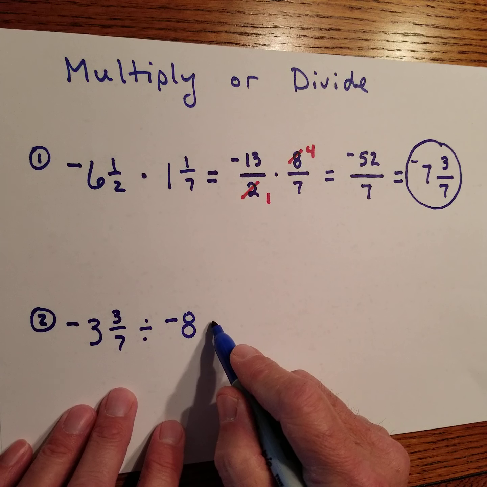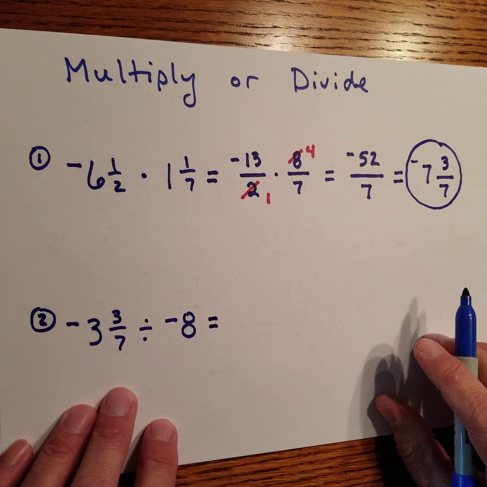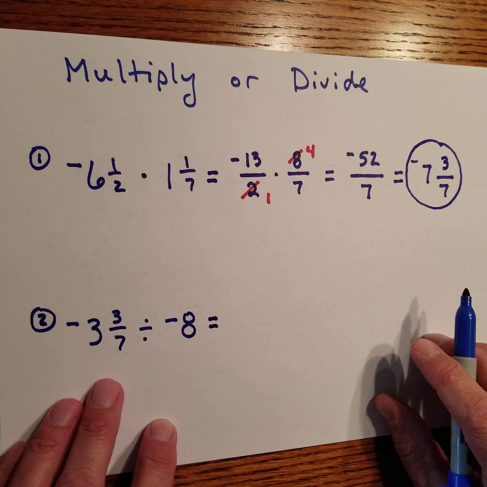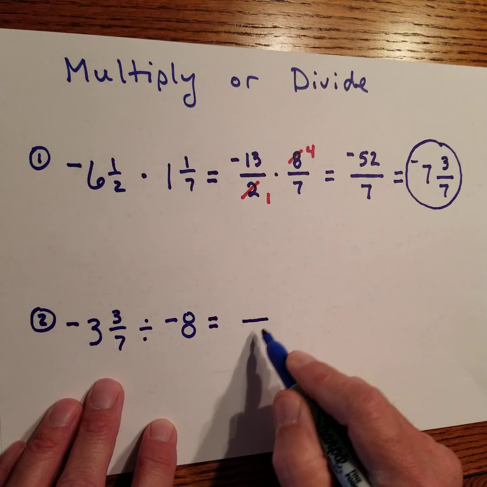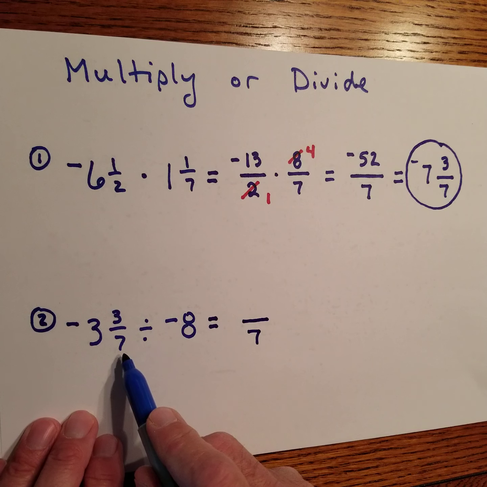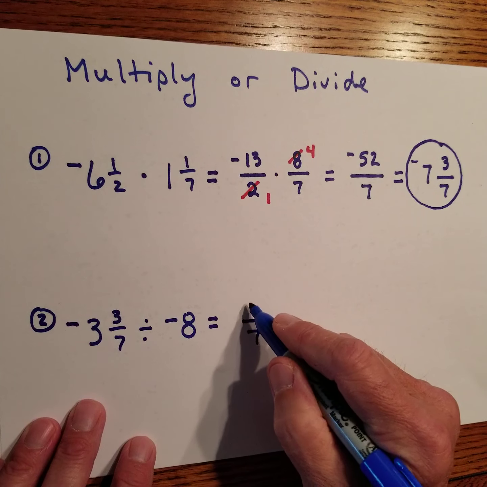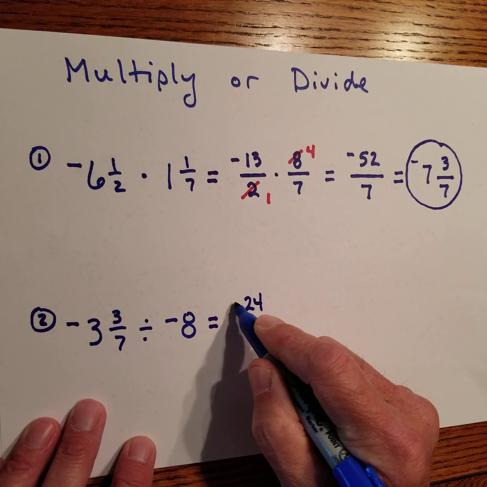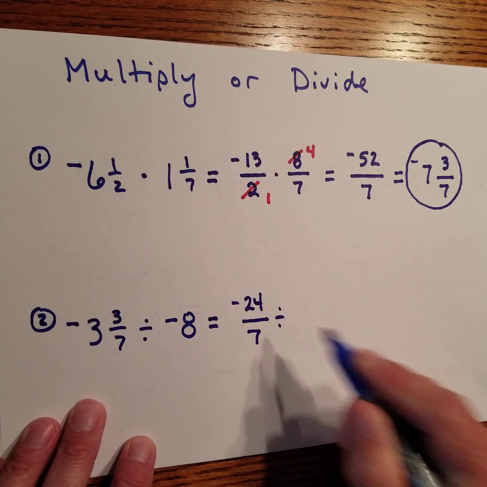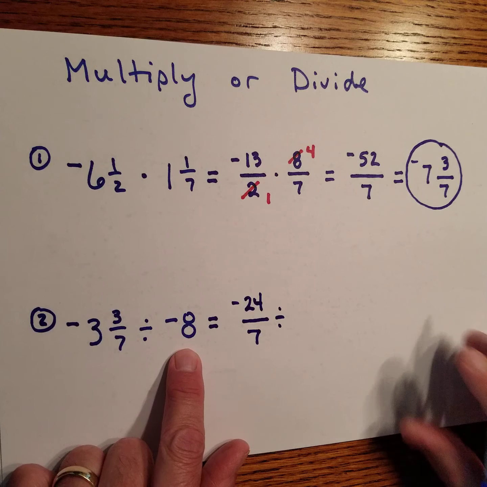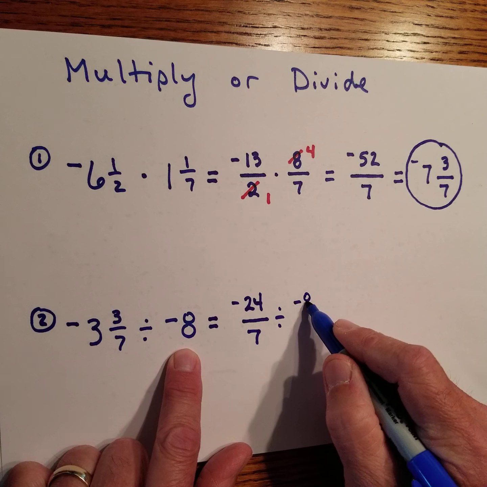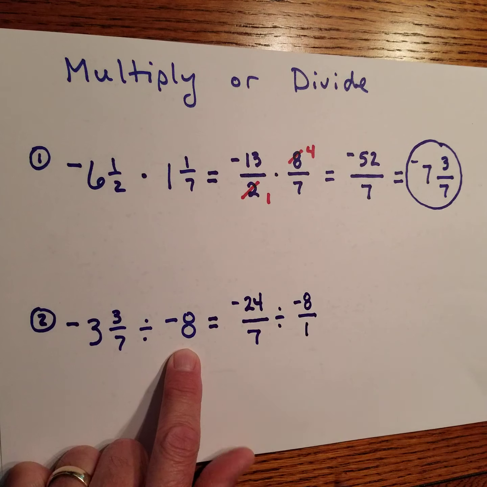Number 2, again, first step, change everything into improper fractions. Keep that common denominator of 7. 3 times 7 plus 3. Let's take this whole number and make it look like a fraction by putting it over 1.